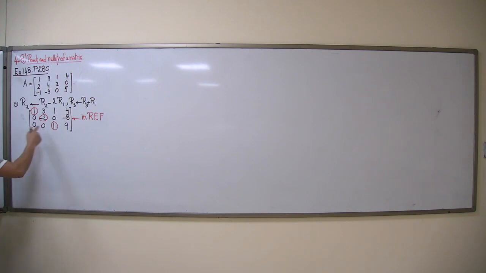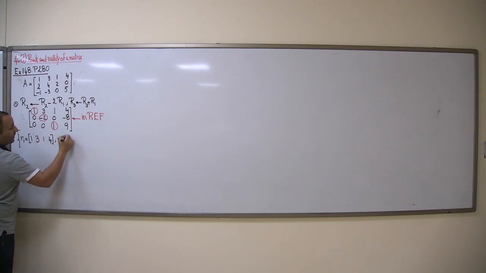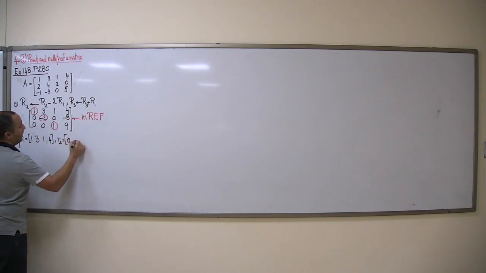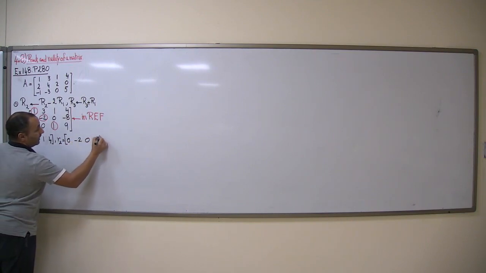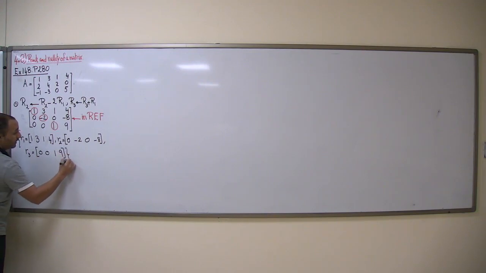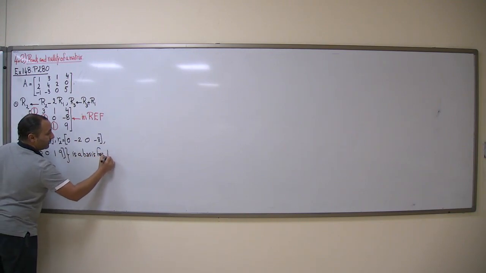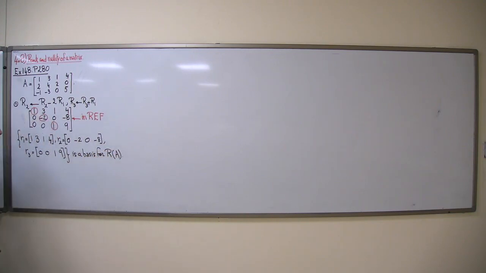So I pick up exactly these 3 rows, and I will say R1, which is equal to 1, 3, 1, 4, R2, which is equal to 0, minus 2, 0, minus 8, R3, which is equal to 0, 0, 1, 9. This is a basis for the row space of A, which I denote R of A, the row space of A.